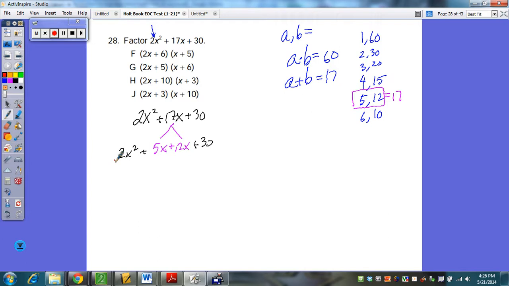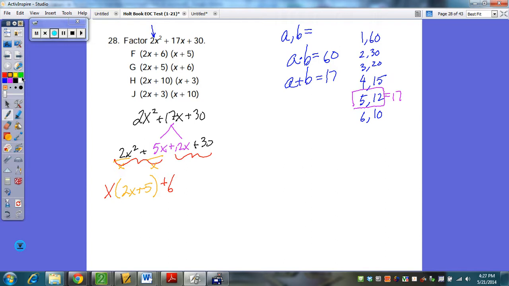Okay, now we're going to factor by grouping. So we're going to group these two together. My GCF of 2x squared and 5x is just x. I'm going to divide both of them by x, and I get 2x plus 5. My GCF of 12x and 30 is going to be 6.